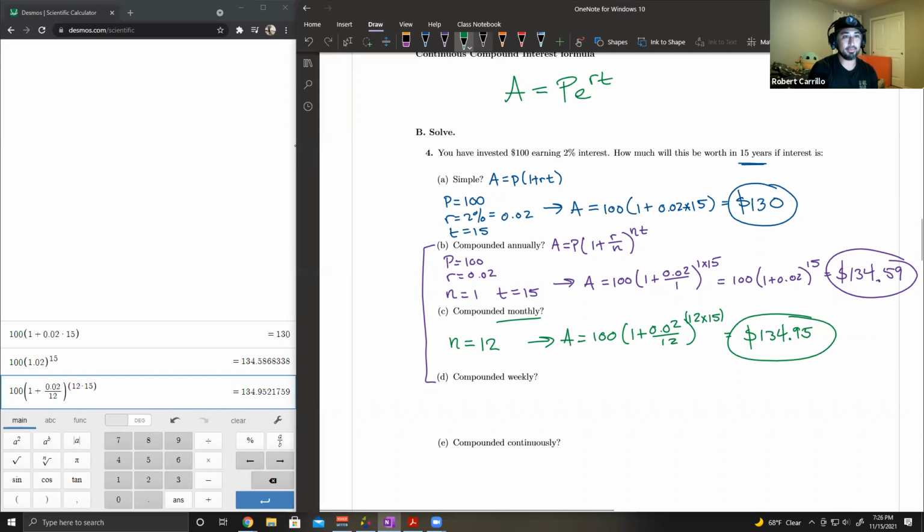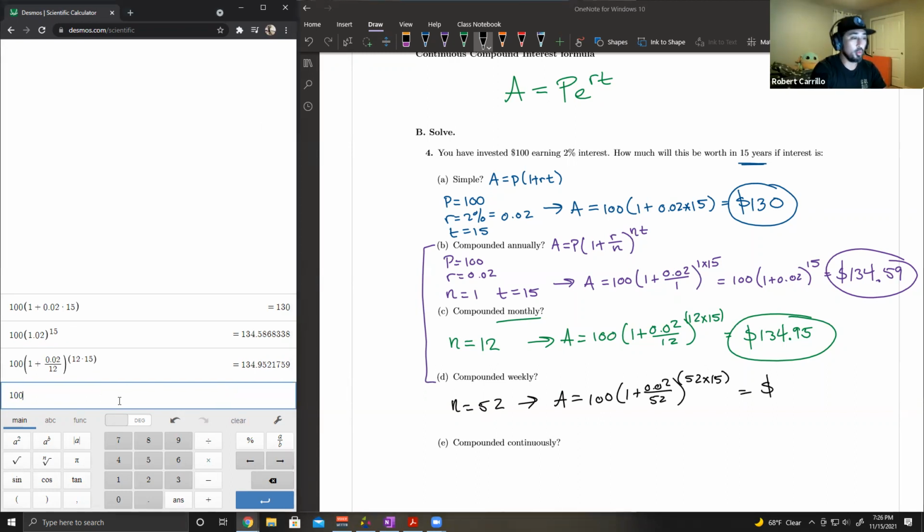Okay. And then we compound weekly. So this means N is 52. And same numbers. A is 100 times 1 plus 0.02 over 52 raised to the 52 times 15. All right, we're like, you know what? We're not going to get enough money. How about we compound weekly?